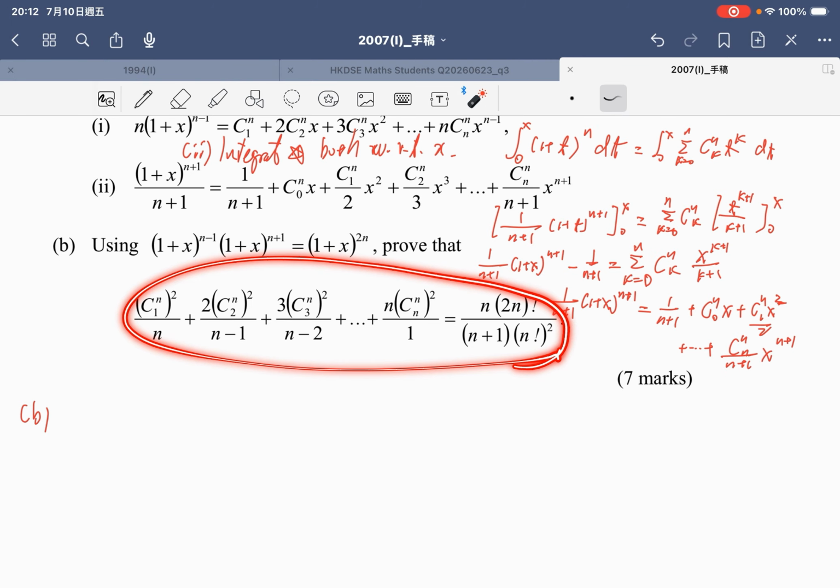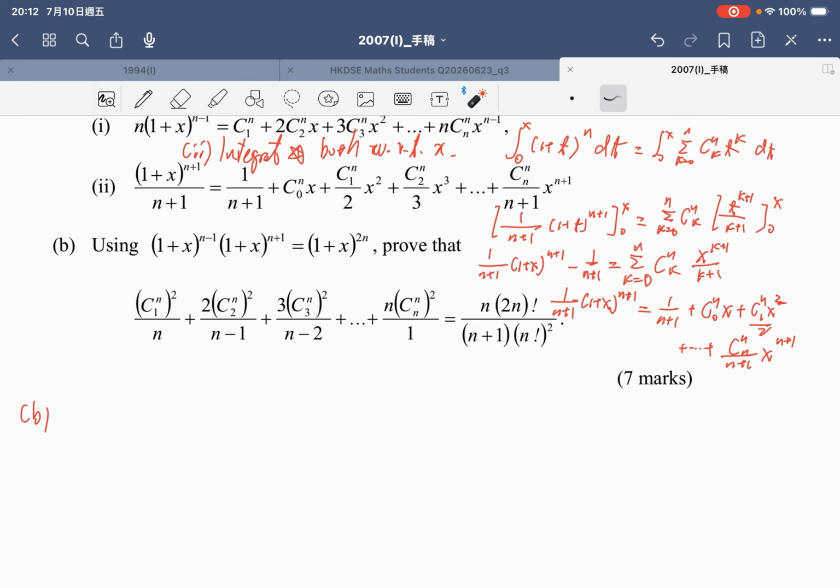Prove the following identity. For the right hand side, I noticed that the term (2n)! over (n!)^2 is actually 2nCn.